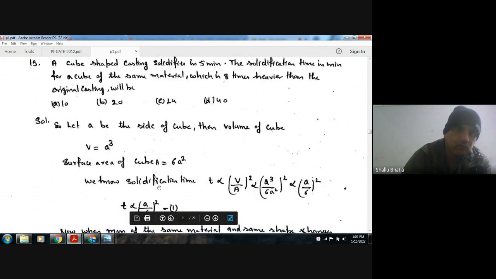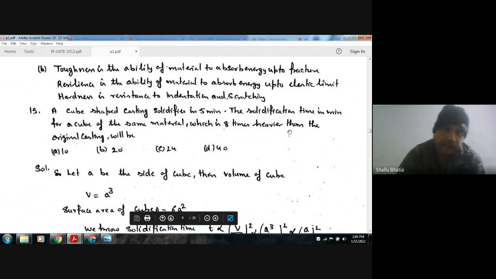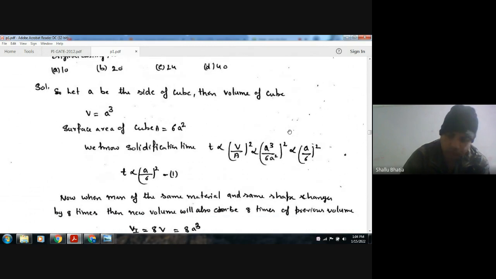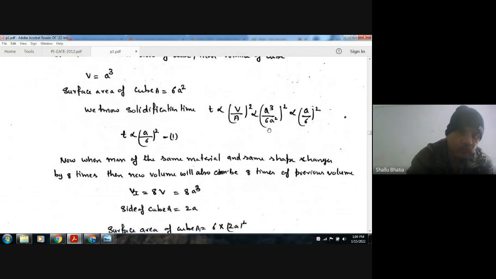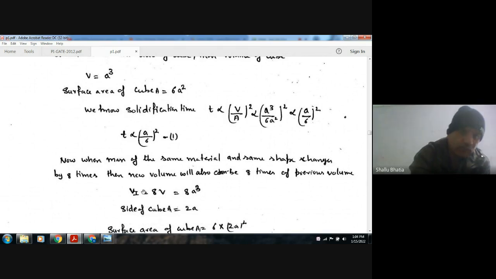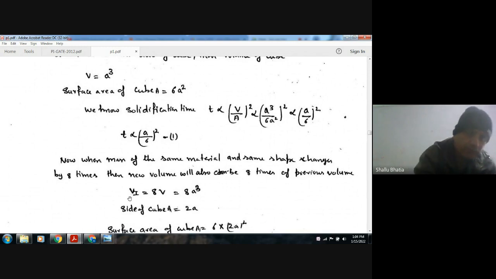Now an 8 times heavier cube is taken. It is of the same material and it is a cube, so the shape is the same. As the material is the same, the density will be the same.